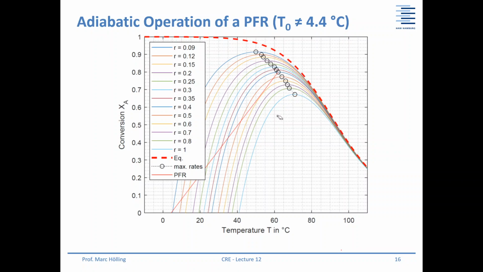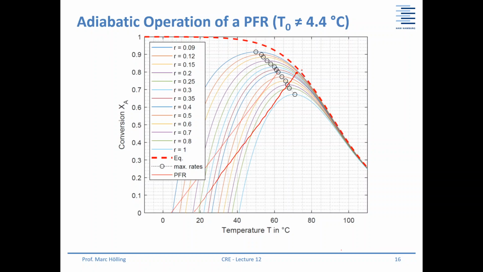But what you could do is maybe go to a value that looks like this. So you are here, you are rather close to equilibrium, but you are not on the equilibrium line. If you are on the equilibrium line, this would mean your reactor size has to become infinitesimal or very big.